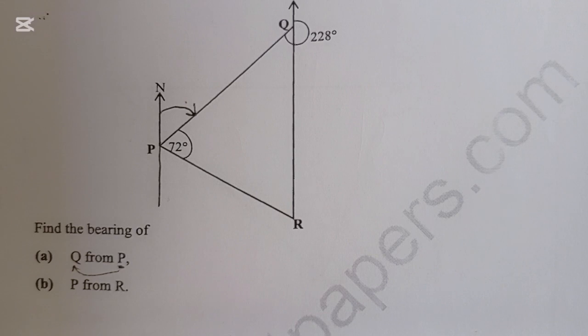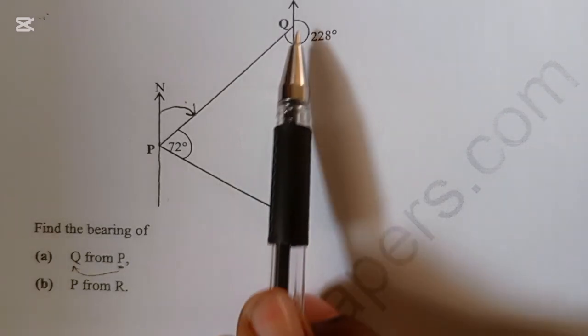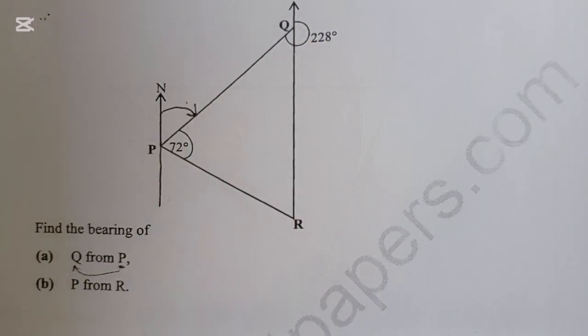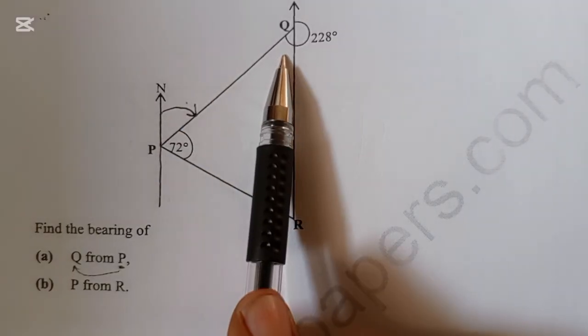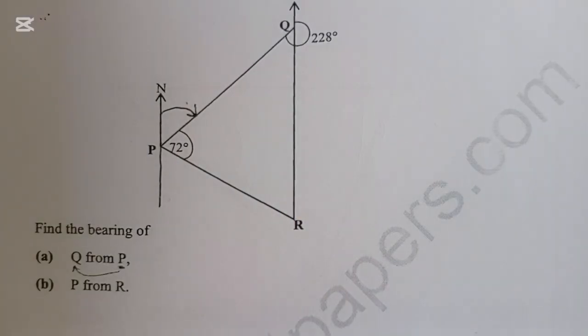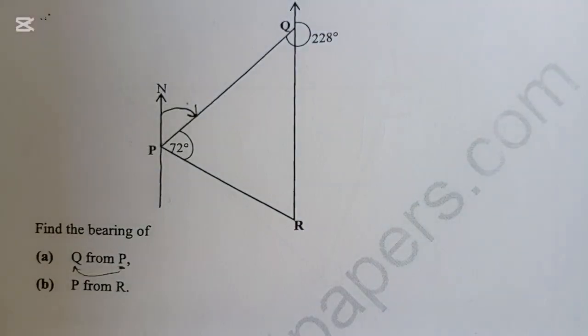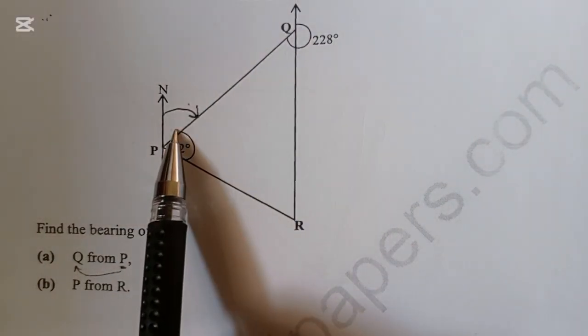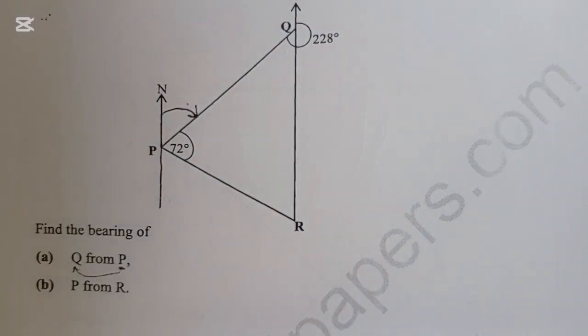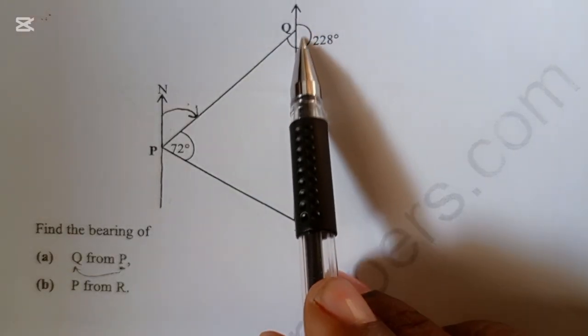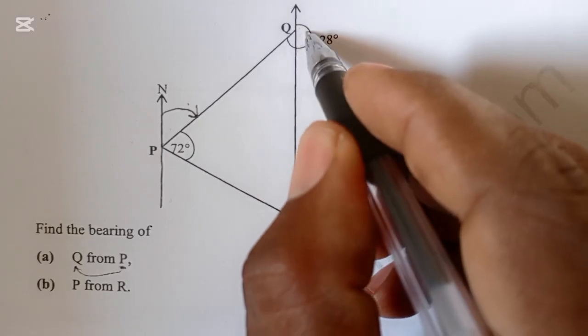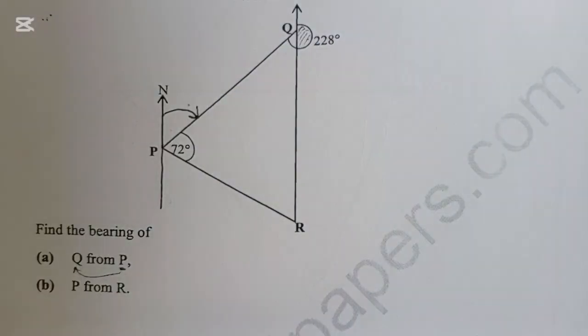So how do we find this angle? You need to understand that this is a true north and this is a true north. So these two true norths are parallel to each other. So the alternate angles are equal. So this angle is equal to this angle. Okay, so this one is giving us a Z like that. So how do we find this angle? Remember that this is a straight line, this is 180.